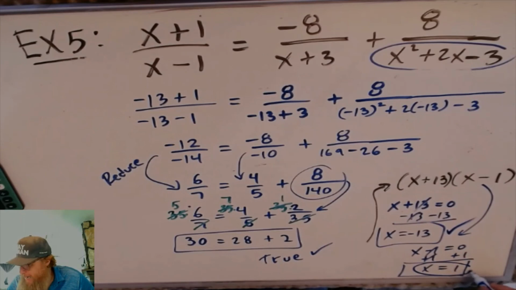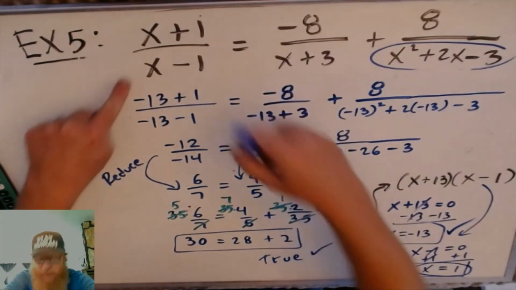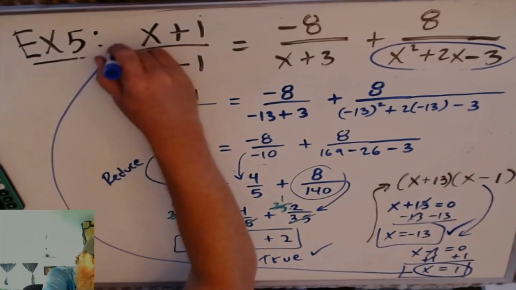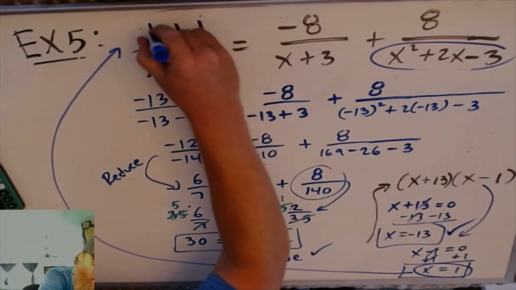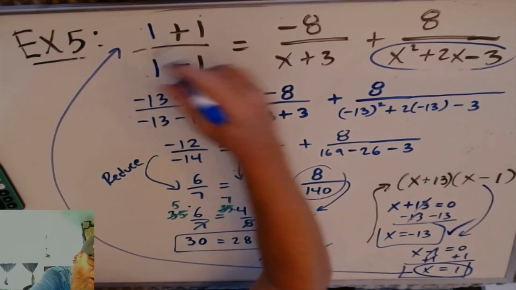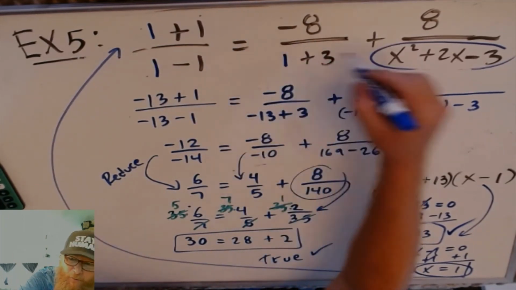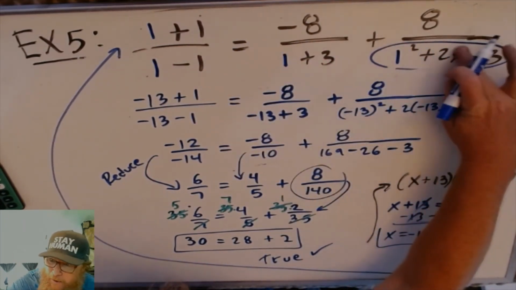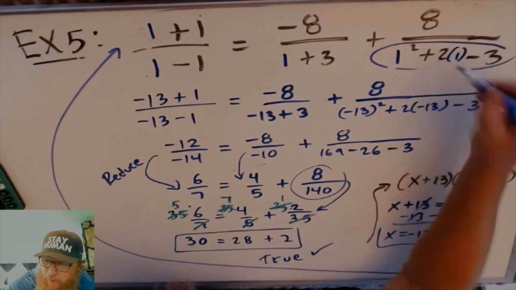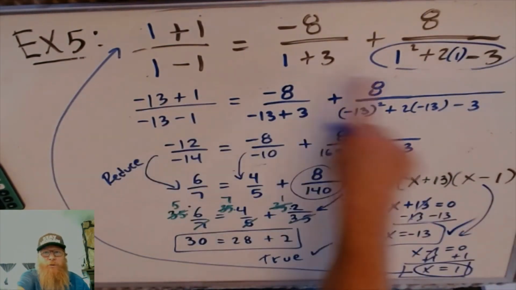The last candidate to check is 1. I'm just going to go ahead and plug it in right here. Save us a little bit of time. Plug in a 1. Plug in a 1. Plug in a 1. Is that true or false?